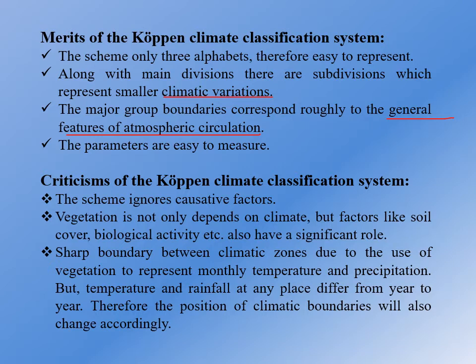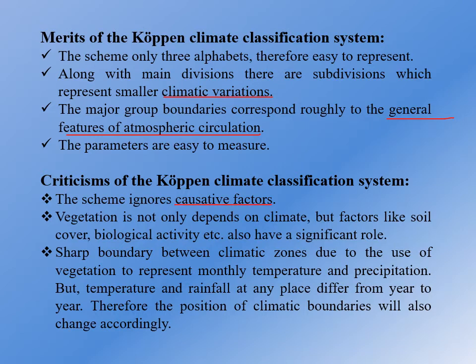Now, although it has many merits, it also has some limitations. The first and foremost limitation of the Köppen scheme of climatic classification is that it ignores the causative factors. That is, it is mainly based on the empirical approach of climatic classification.